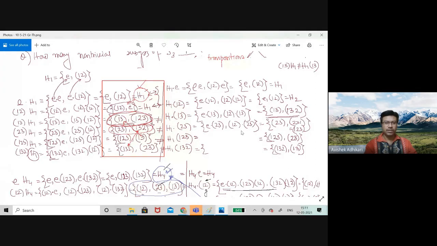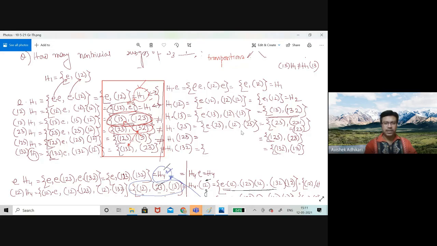So here you can see E·E, E·(1 2). They are basically the collections of left cosets. If I multiply by E from the left with H1, it gives me back H1. So they are all the left cosets of H1 in G.